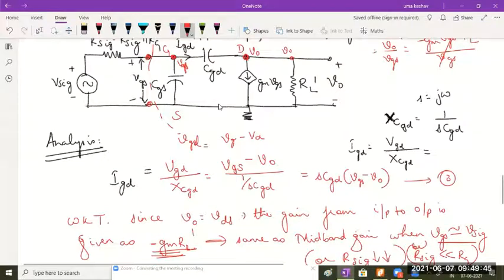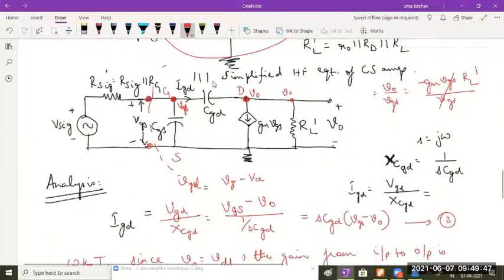So I'll try to separate the circuit and shift this capacitance between the gate and ground, and I can do that if I know the value of this current IGD. When can I do the disconnection from output to input side? If I'm able to determine the exact value of this current IGD, I'll disconnect this capacitance CGD from the output side and rewrite it across the input, in parallel with the input. So let's try to do that.